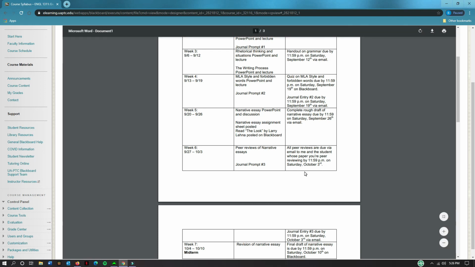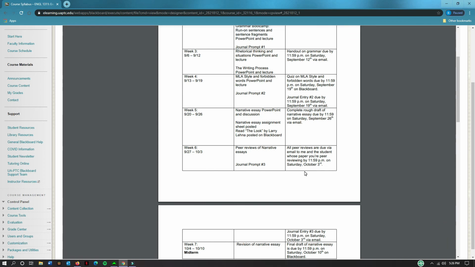But peer reviewing, I'll give you a list of questions that you have to answer about the person's paper. And you always want to look for grammar stuff when you're peer reviewing somebody's paper. You're just helping them. You're trying to help them make their paper better. And there is a grade for this. Okay, so, and don't just say, oh, your paper's great. It's wonderful. It's perfect.